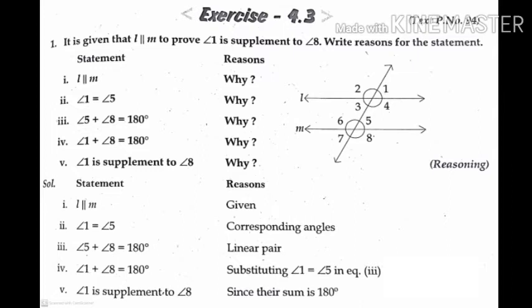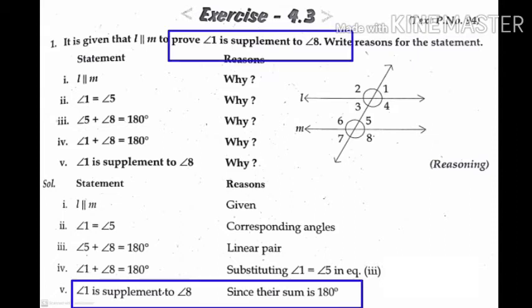Fourth statement, angle 1 plus angle 8 is equal to 180 degrees. Substituting angle 1 equals angle 5 in equation 3, we get angle 1 plus angle 8 is equal to 180 degrees, and also they are alternate exterior angles. Fifth statement, angle 1 is supplementary to angle 8 since their sum is 180 degrees, hence proved.